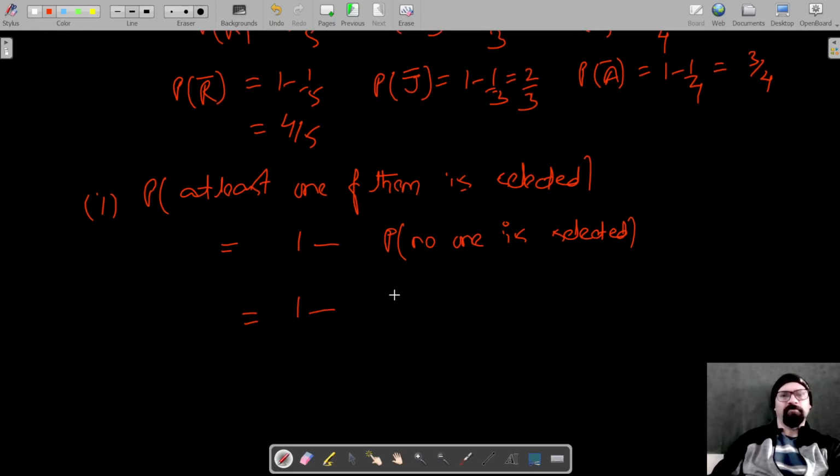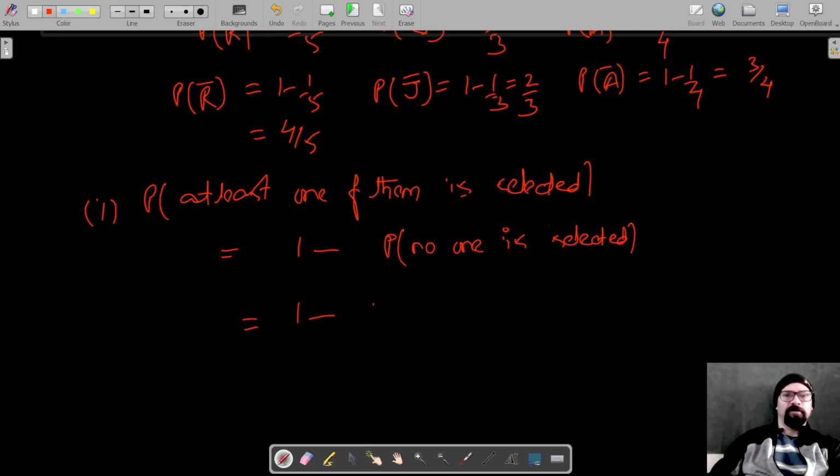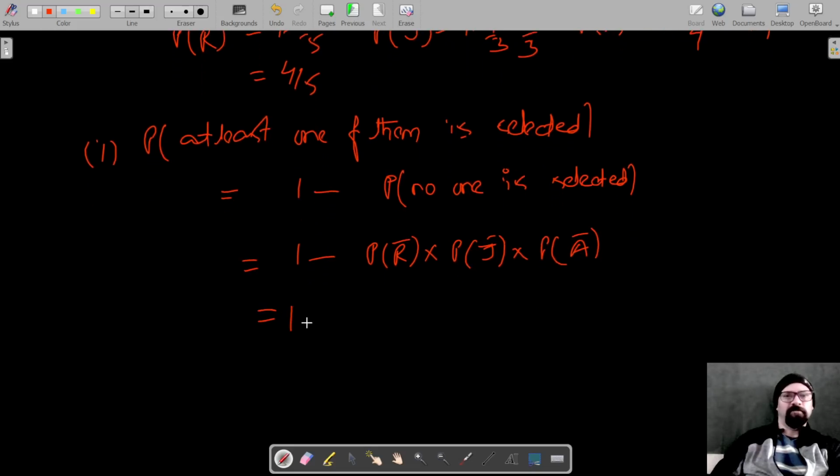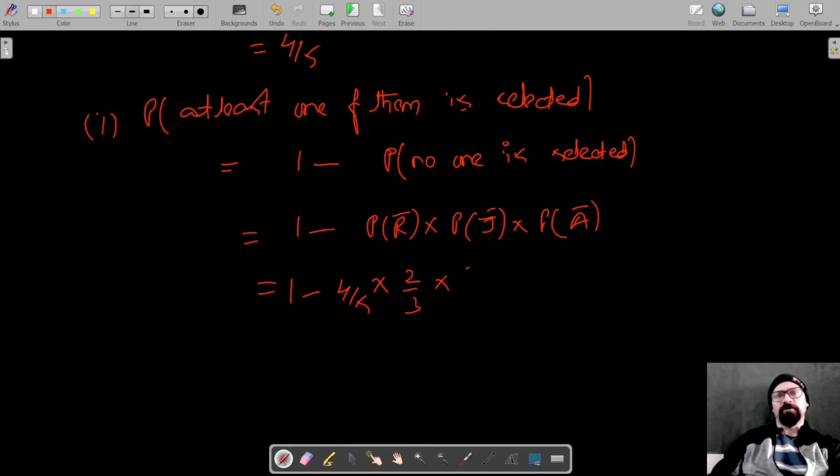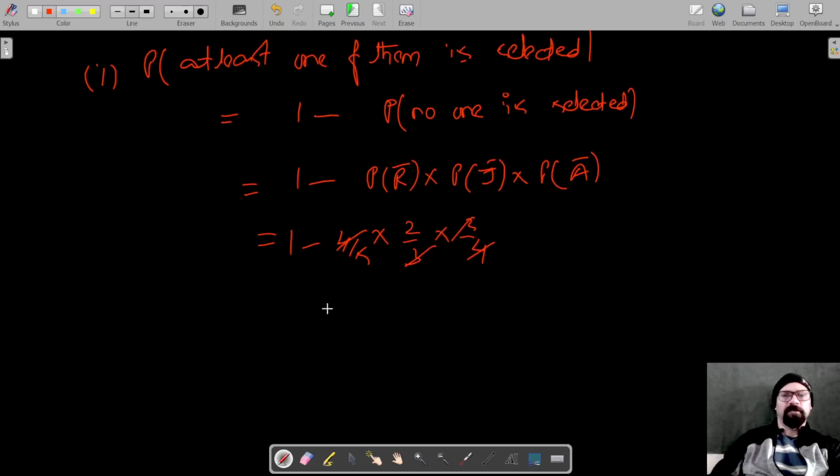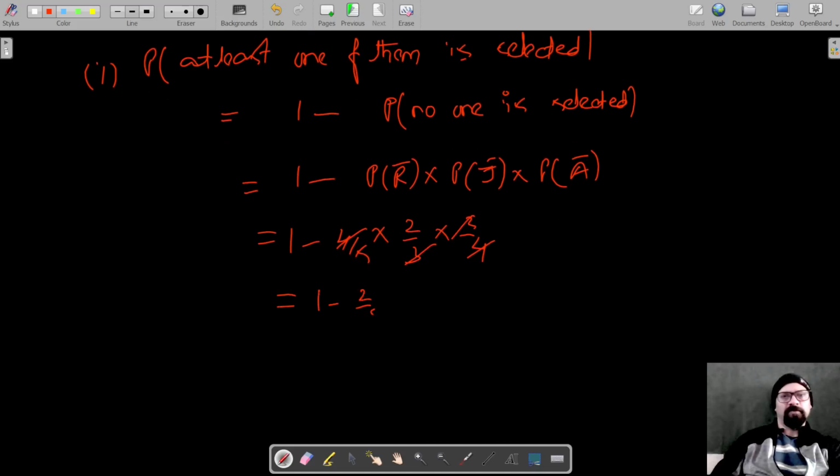So 1 minus the probability of Rohit not selected into Jaspreet not selected into Alia not selected. This is equal to 1 minus 4 by 5 into 2 by 3 into 3 by 4, which gives me, this gets cancelled, 1 minus 2 by 5, which is equal to 3 by 5. So the probability of at least one of them being selected is 3 by 5.